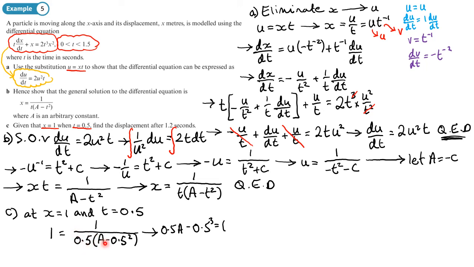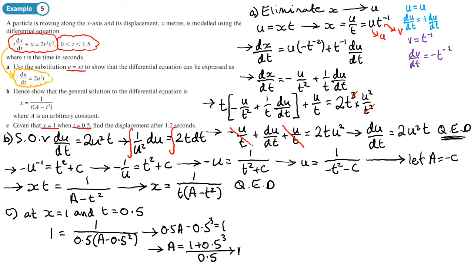So 0.5a minus 0.5 cubed, that must equal 1 because this whole fraction equals 1. And from there, I will have a equals 1 plus 0.5 cubed divided by 0.5.